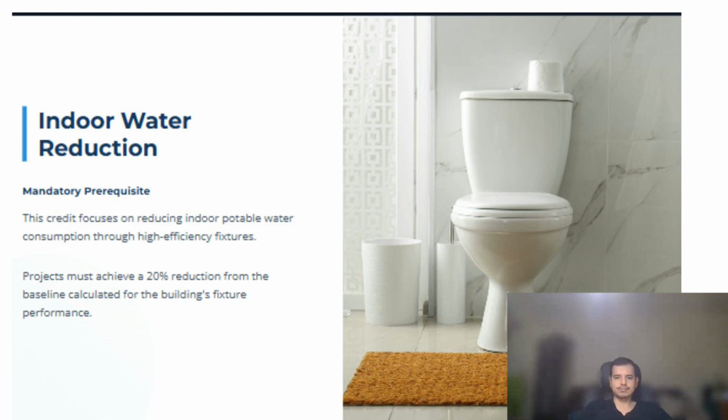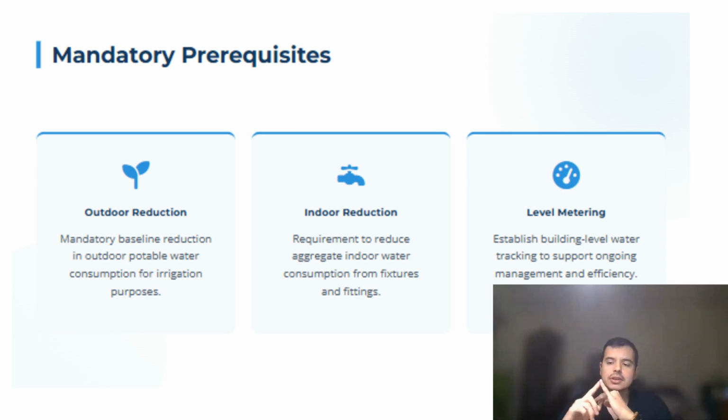water consumption. For the water efficiency category, there are three different aspects that we're going to evaluate. The very first one is what happens with the water inside of my building. How can I prevent my building from using more water than it should? The second one is how do I use the water outside of my building?